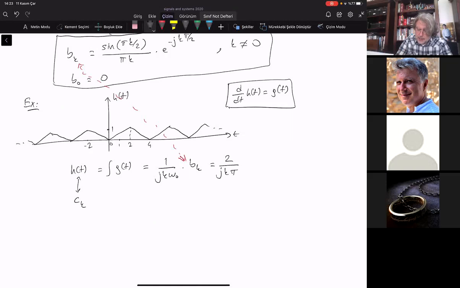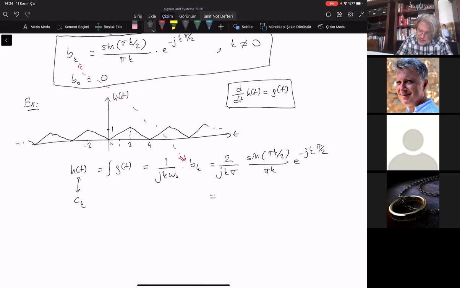And then I will put sine pi k over 2 divided by pi k, e to the minus j k pi over 2, or pi k over 2. It's the same. Okay, so these are the Fourier series coefficients for all k except 0.